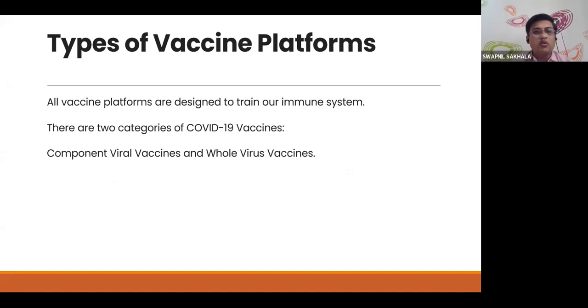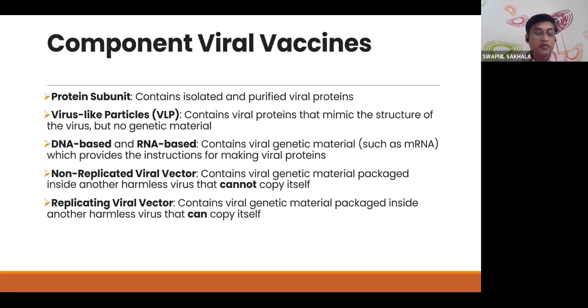So which are the types, or which are the platforms to develop a vaccine? There are two categories of vaccine: component viral vaccines and whole virus vaccines. As the name mentions, component viral vaccines means some components of the virus are used to develop a vaccine. And second is whole virus, whether activated or inactivated, used to prepare a vaccine.